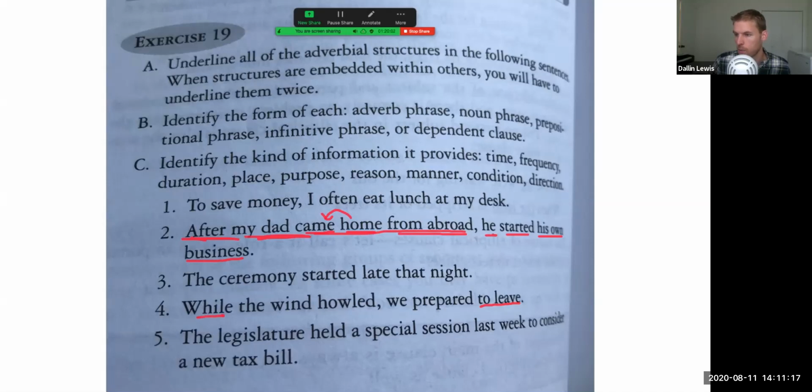While is the subordinate conjunction. While the wind howled. No other adverbials here because this is the subject and this is the verb of that subordinating clause. This is telling us, I guess, duration while this happened. I don't know that I necessarily remember what they mean by those terms exactly. So I'm just going to give it our best shot.